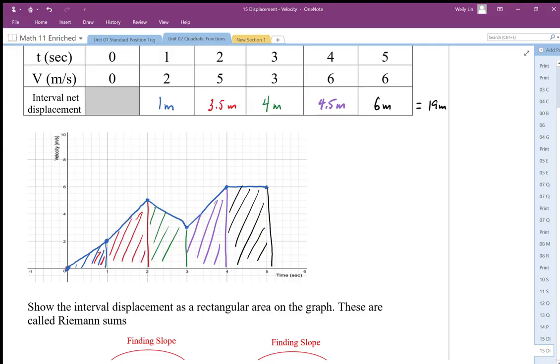So we end up using smaller and smaller rectangles, and those thinner rectangles give us just as good of an estimate as these trapezoids do. So we'll use a simpler shape of a rectangle, and we'll end up getting our accuracy through really thin rectangles.